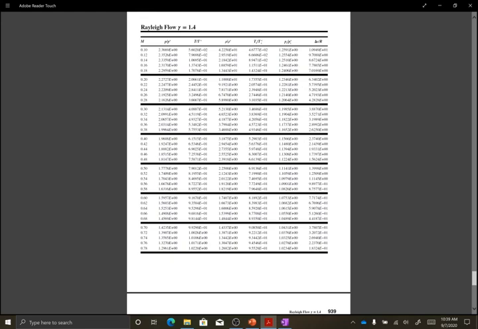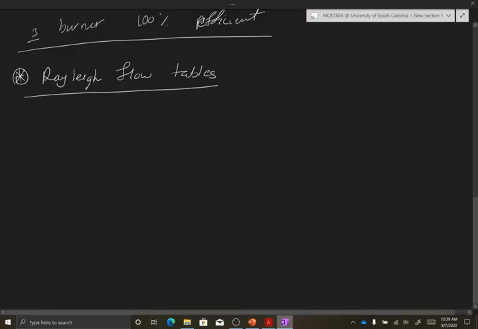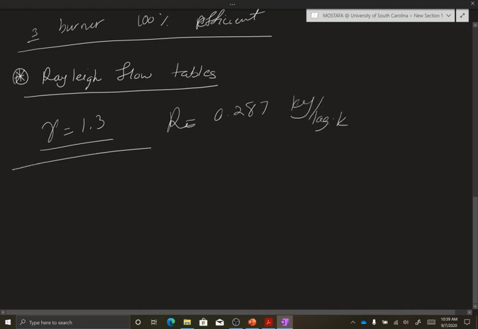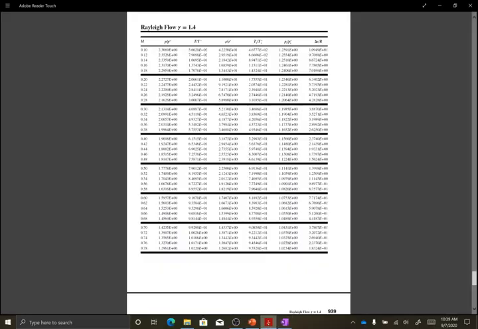Something I forgot to mention in the problem text was that your gamma here is 1.3, and that's the effect of fuel. So you cannot assume it is 1.4 anymore. And your R is 0.287 kJ/kg·K.